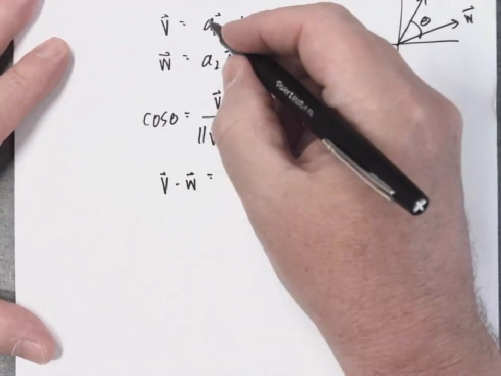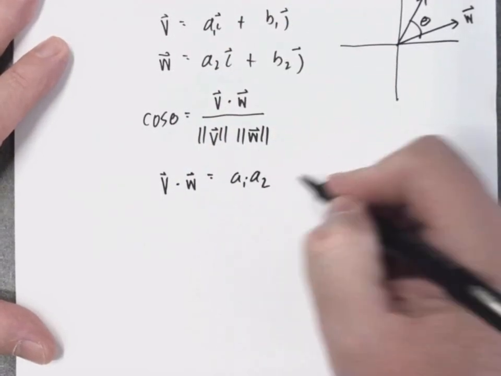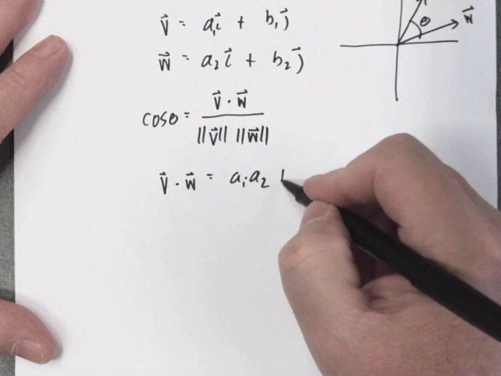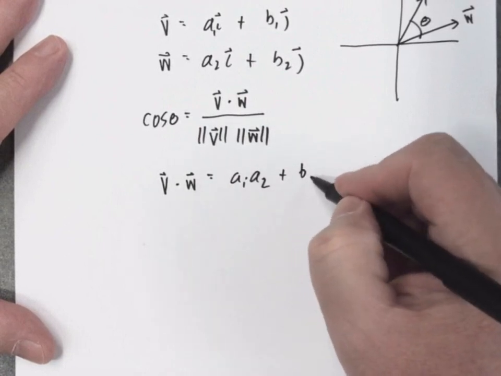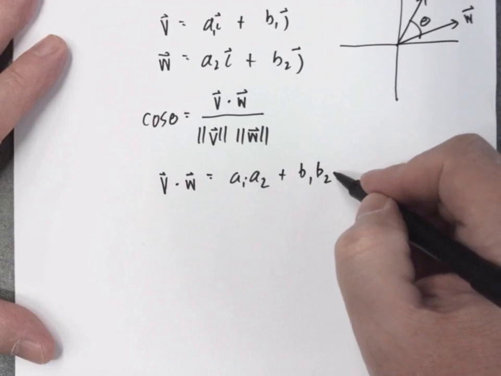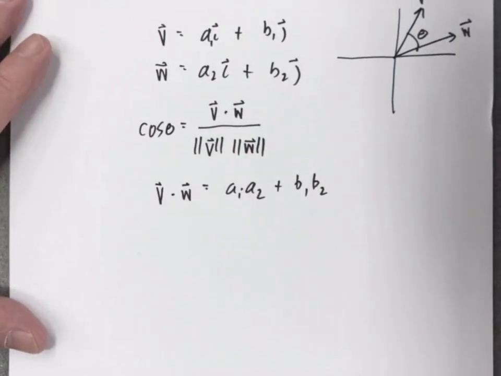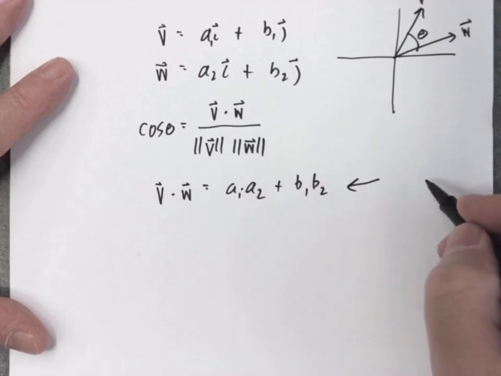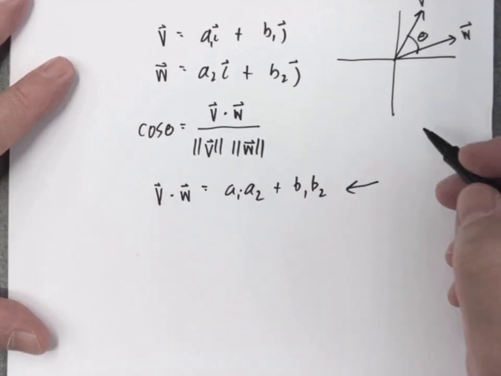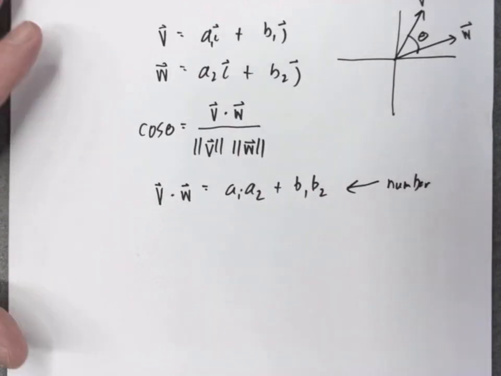You take the i parts of the two vectors and multiply them, and you add to that the product of the j parts of the two vectors. The dot product is not a vector, it's just a number.